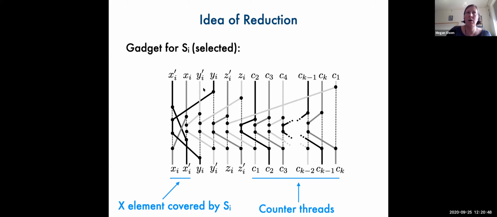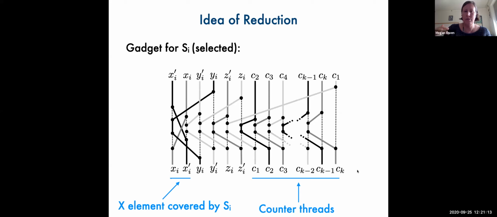And the y's also swap. So yi goes over to this side, and then yi prime goes over here. And then the counters all move by 1. So C1 would end up in front here. They're just rotating through by 1.